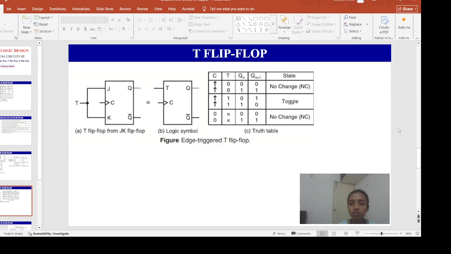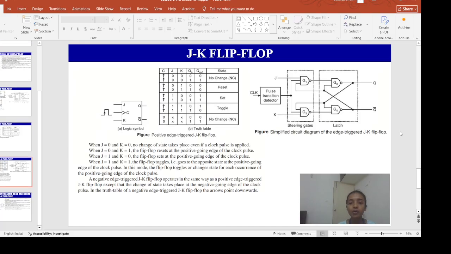We will move on to our next flip-flop, which is called the JK flip-flop. This JK flip-flop has a characteristic similar to the SR flip-flop. In addition, the intermediate condition, the forbidden state in the SR flip-flop, is permitted in it.